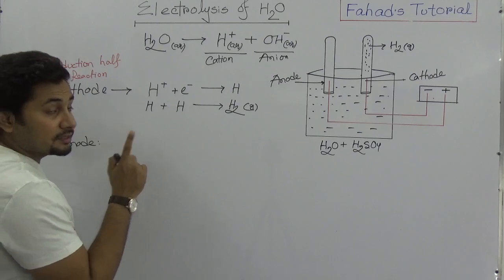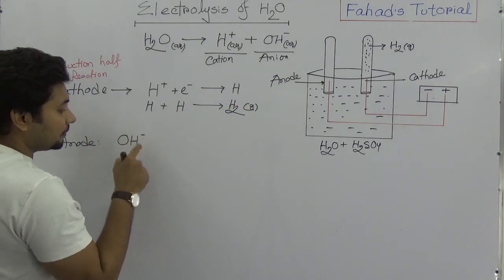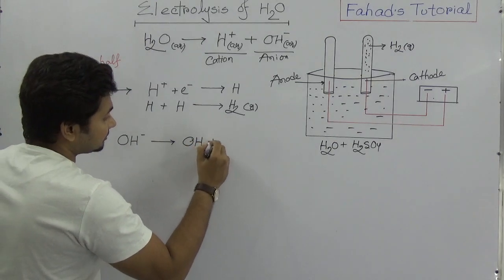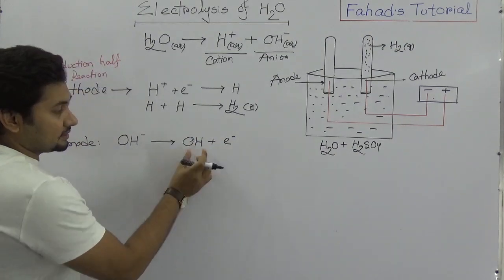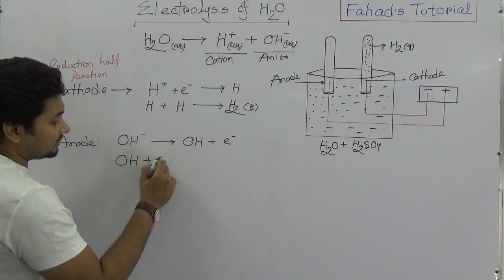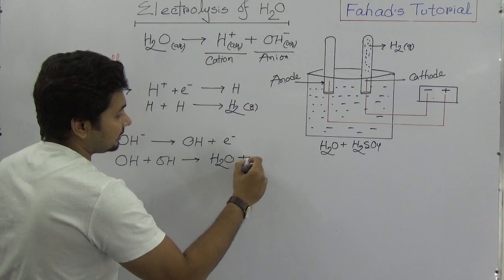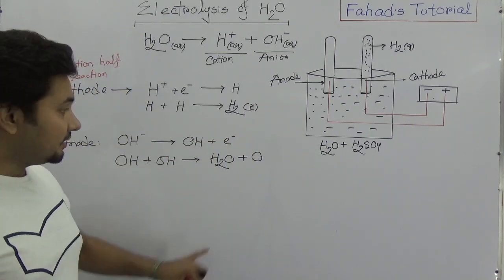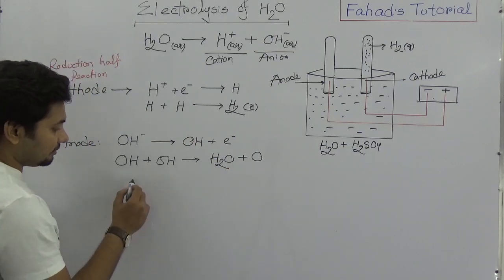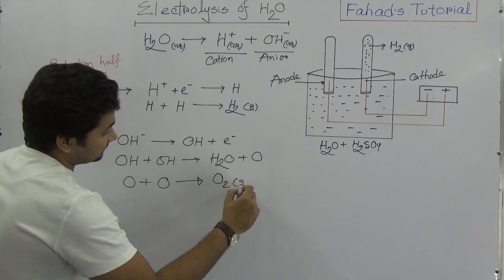In the anode reaction, you know that this is hydroxide. So hydroxide will release one electron to produce hydroxyl, OH. Another OH will be added to this to form one molecule of water and a single oxygen atom. And this is also unstable. So to produce oxygen gas, it requires another oxygen, like this.